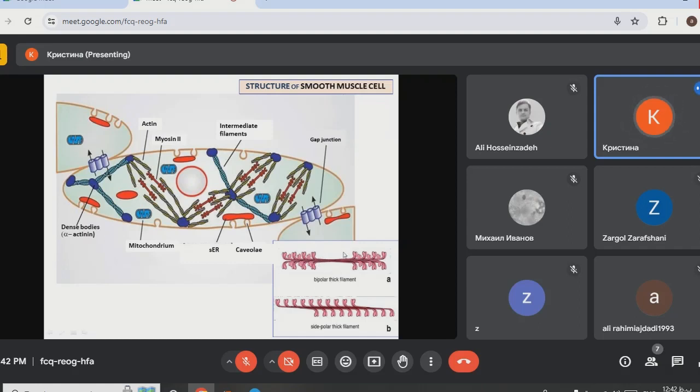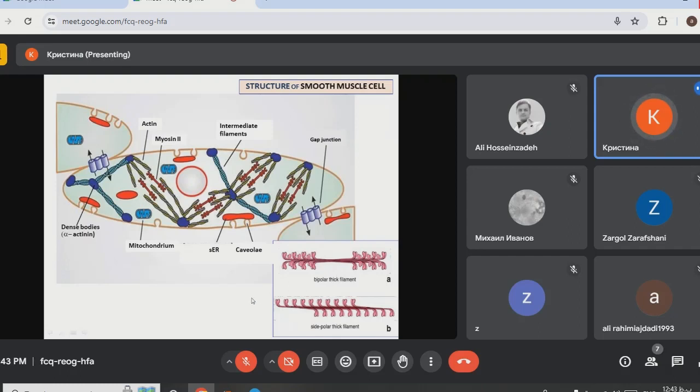So in this region you see only tails, no heads. This is in striated muscle tissue, but this is in the smooth muscle tissue. You see that all the length of the thick myosin myofilament is covered with the heads of myosin molecules. This is the difference in the structure of the myosin myofilaments in striated and smooth muscle tissue.